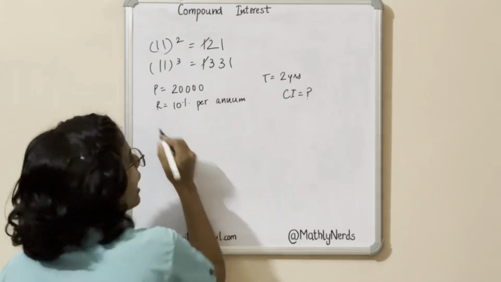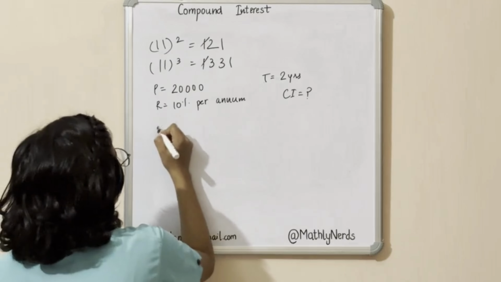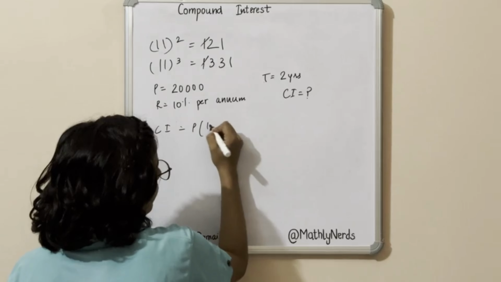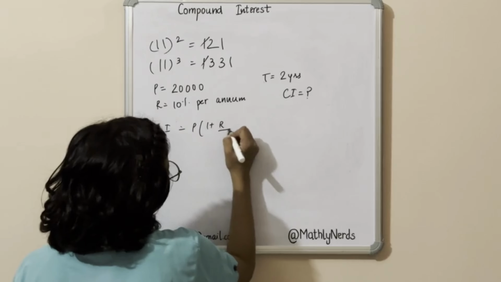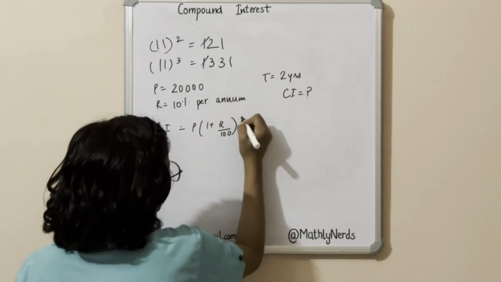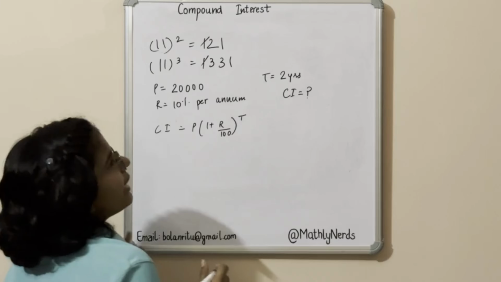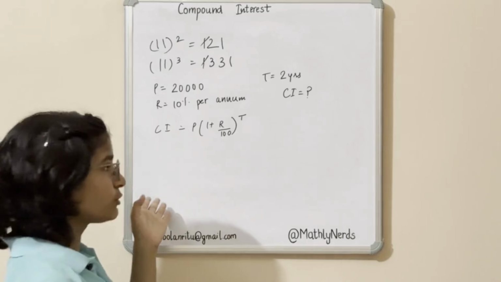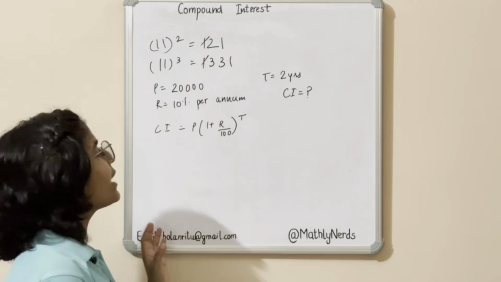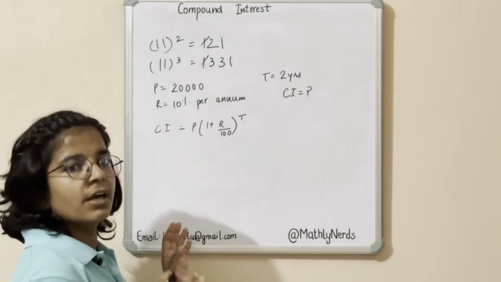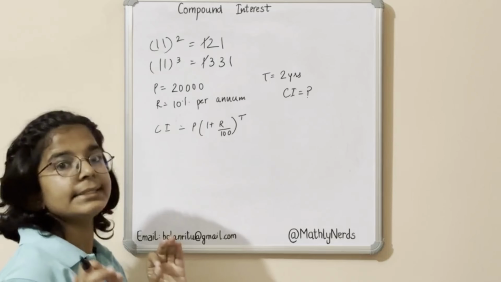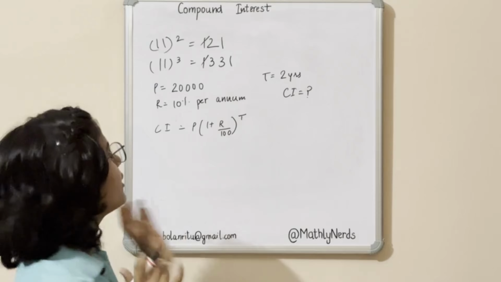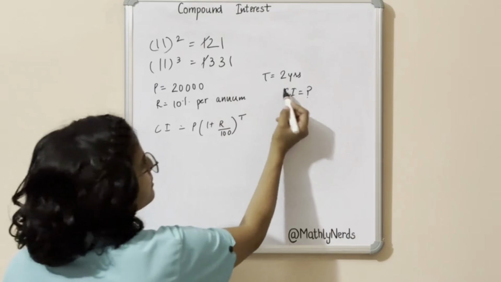We have one formula to calculate CI, that is P(1 + R/100)^T. If you solve this question with this formula, you will be able to put in values and solve it in at least 3 minutes. This will take that long.